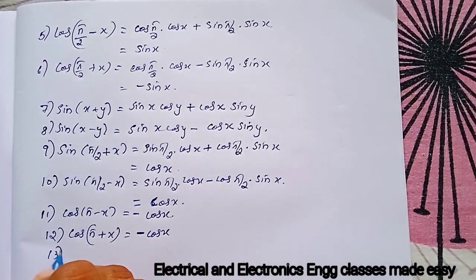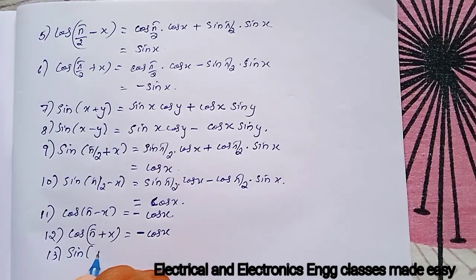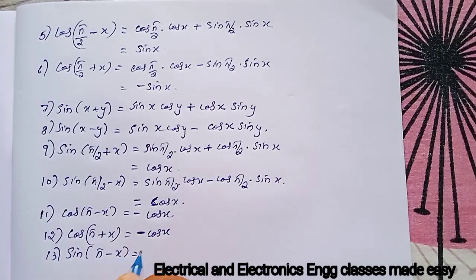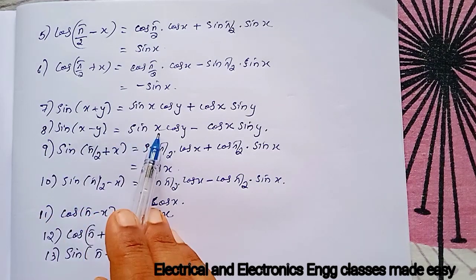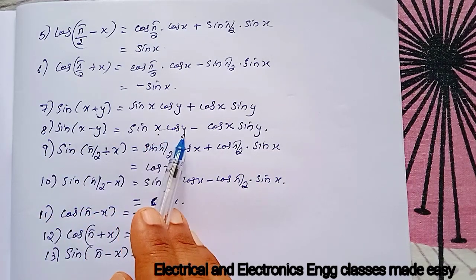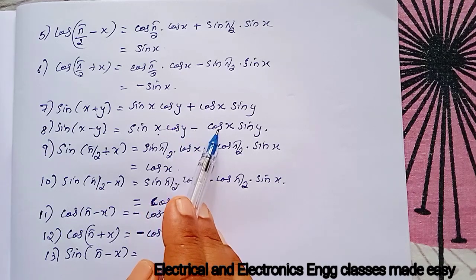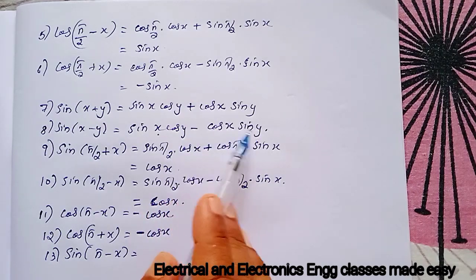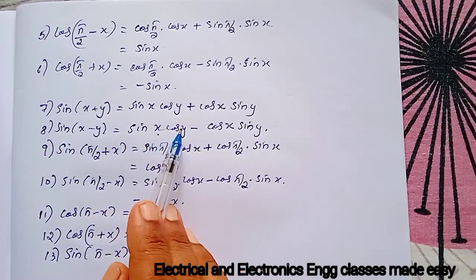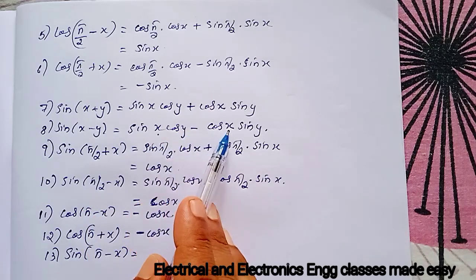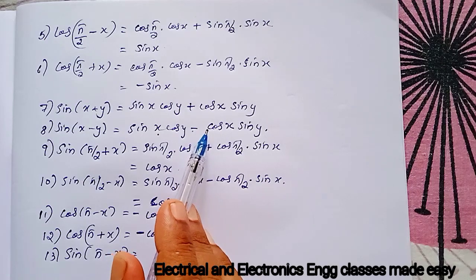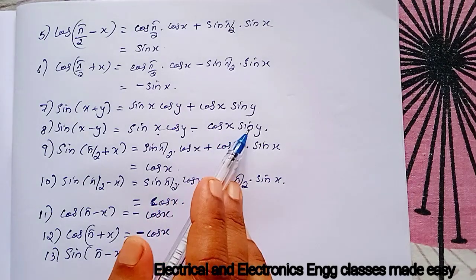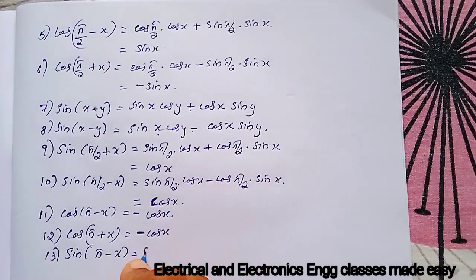Similarly, sin pi minus x is sin pi cos x minus cos pi sin x. That is, sin pi is 0 and here cos pi is minus 1. So minus of minus we will get a plus, that is plus sin x. So it is sin x.